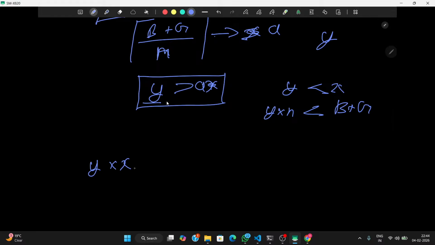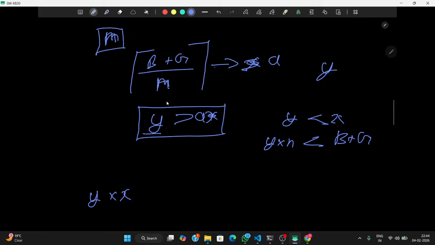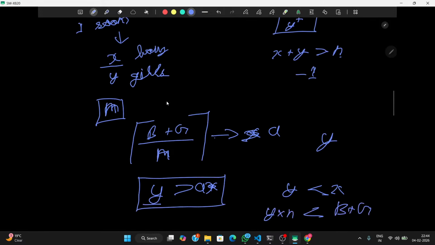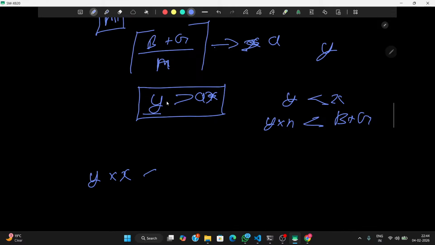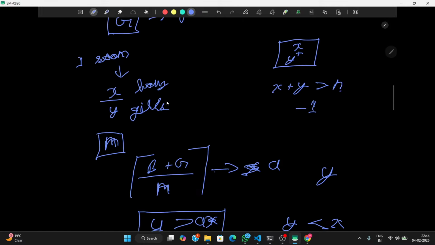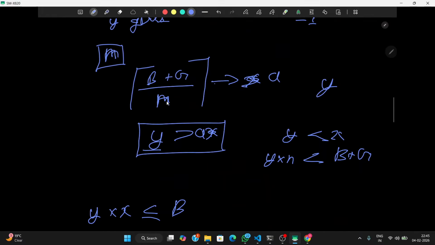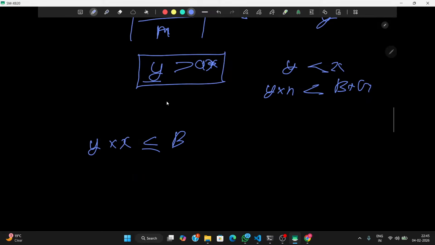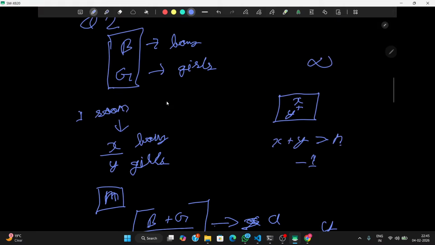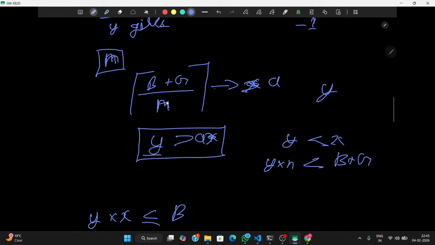So y into x is the number of boys that we require, that is at least required. So y into x should be less than or equal to the total number of boys, that is b. Now, similarly for girls also, let's say there are y rooms, and in every room, y is also used here.